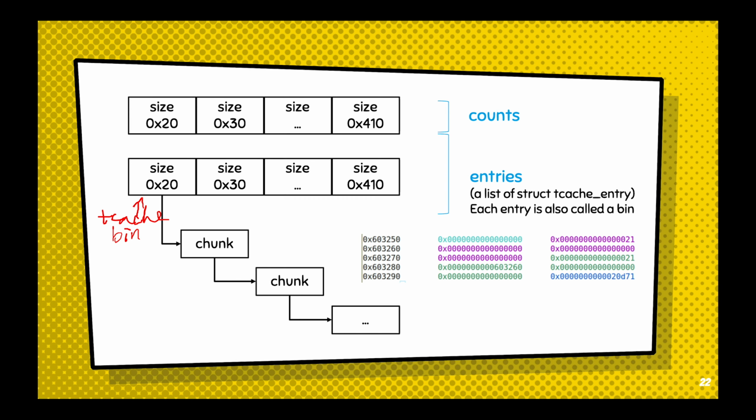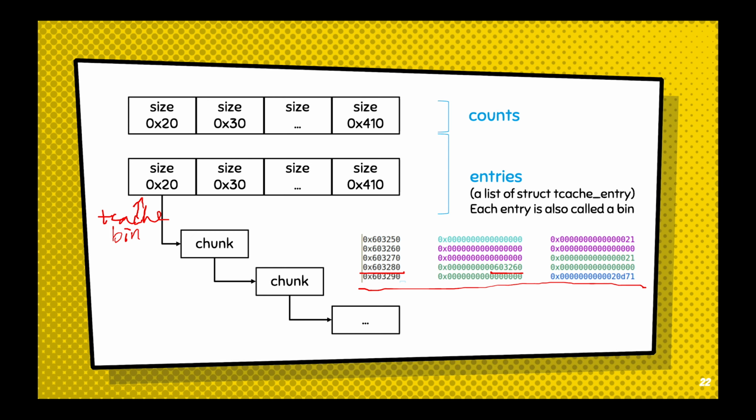Each chunk also stores the information of the next chunk. For example, in this screenshot, the chunk of 603280 stores the information of the next chunk, which is 603260.